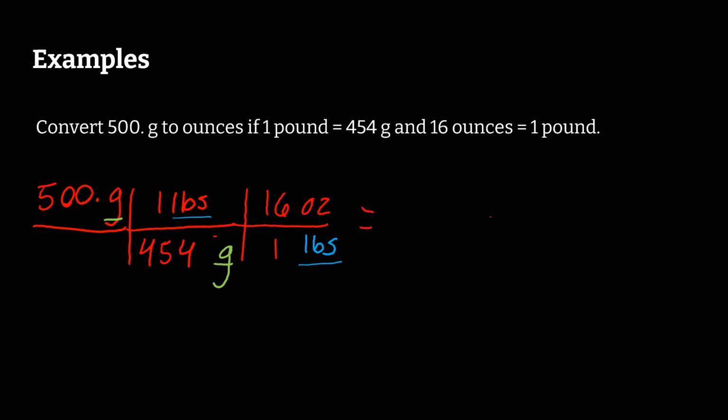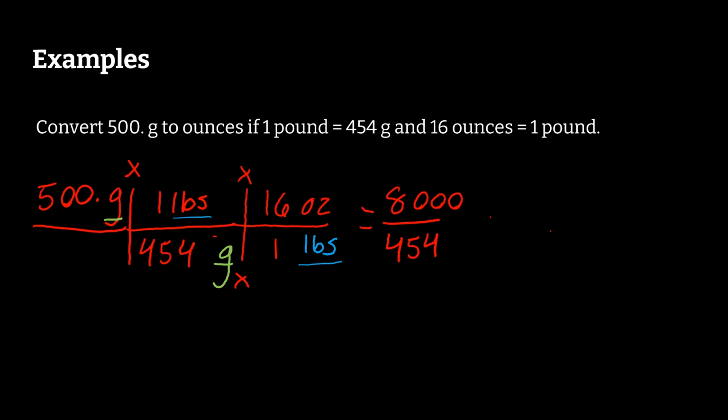We're going to multiply the top, multiply the bottom, and then we are going to divide. So we are going to get our 500 times 16 will be 8,000 divided by 454 times 1.